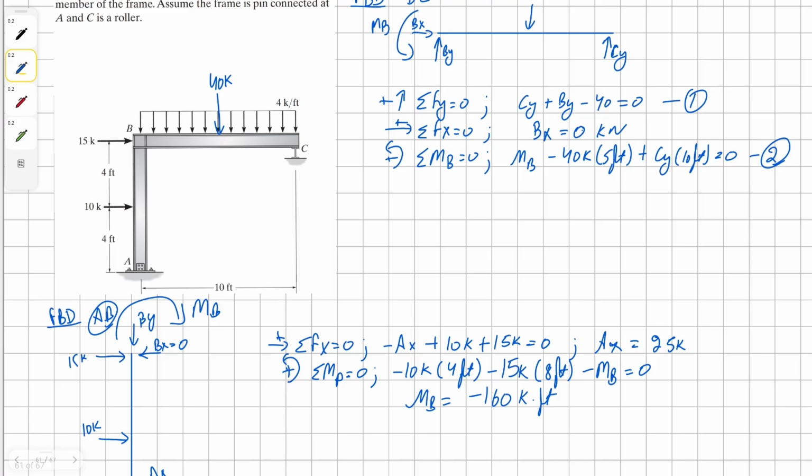We're going to plug the value of moment B into equation 2. So we're going to have negative 160, take away 40K times 5, plus Cy times 10 equals 0.